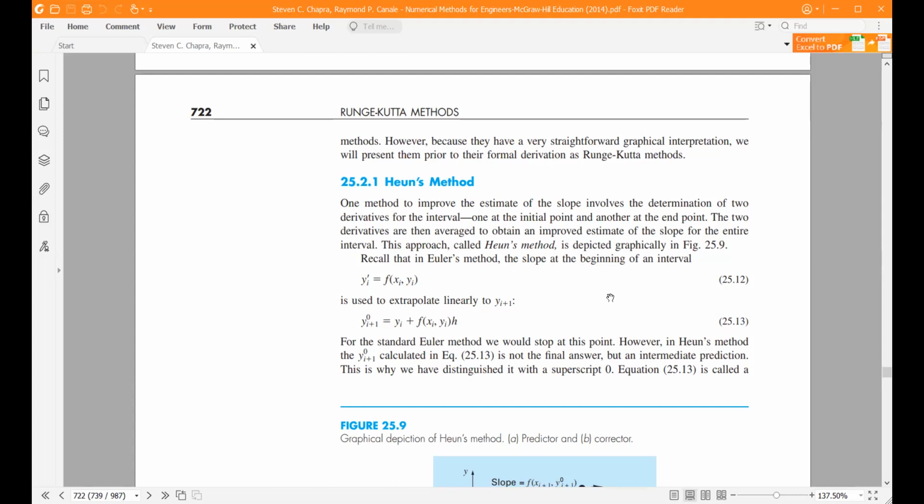Okay. Now the question comes: your initial values will be given. By those initial values, you can calculate the slope at the beginning. But if you want to calculate the slope at the end of the interval, you have to know the value of your function. Otherwise, you cannot calculate the slope at the end point.